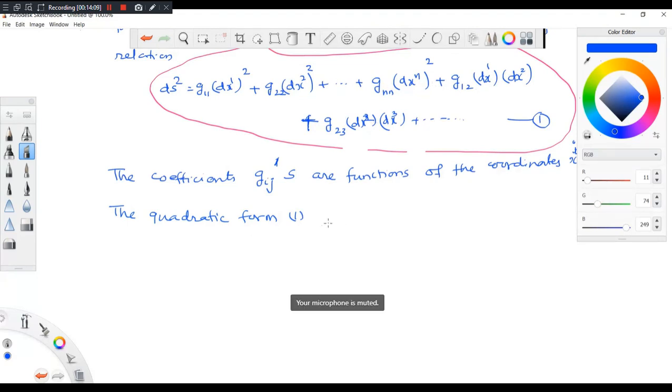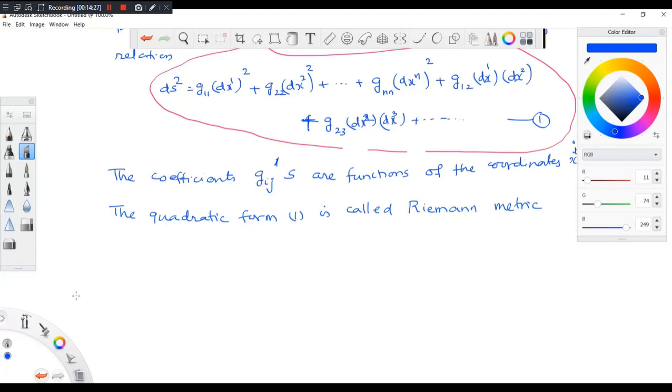Expression 1 is called the Riemann metric. I will give you examples, then you will understand it properly.